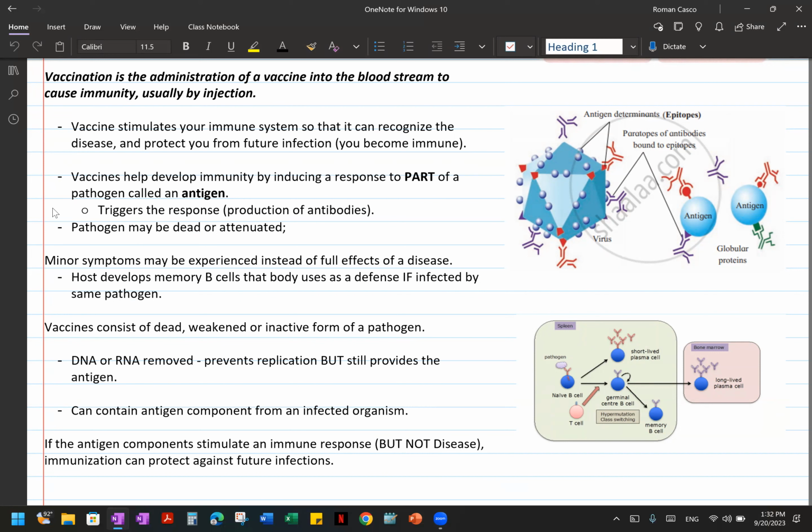What exactly is stimulating the antibody, from the pathogen, is something called an antigen. Okay, so you do need to know these two words, antibody and antigen. And these photos here are not in your book, so make sure you understand what's going on here, right? So the vaccines help develop immunity by responding to a part of the pathogen.